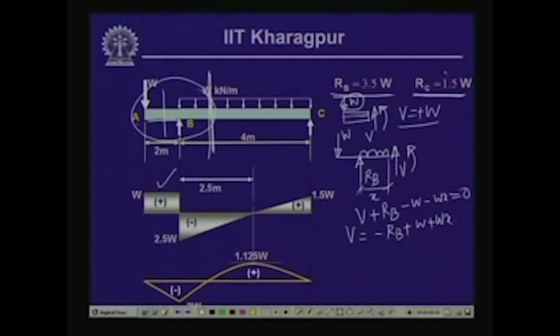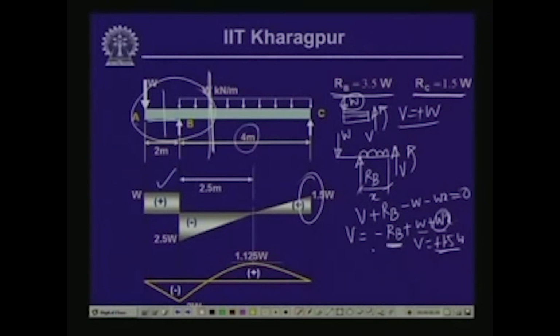Now, RB is equal to 3.5 W. So, the shear force at the end beyond B, if we try to find out at any segment, let us say at C, when X is equal to 4 meters, this is 4 W plus W, 5 W, and RB is 3.5 W. So, V is equal to plus 1.5 W. So, this is the shear force at the end C. And at point B, X is equal to 0.